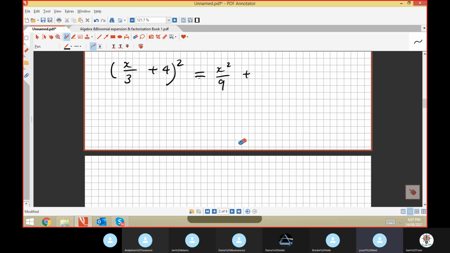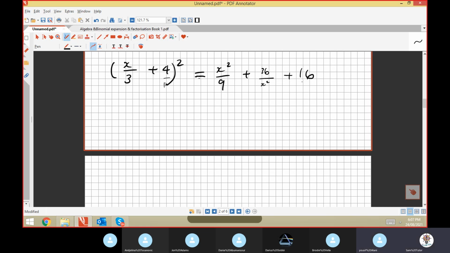Can you put a 1 over the 4 so then you can multiply them? 1 over the 4, or 4 over 1, you mean? 4 over 1 and then multiply them. So it will become 36 over x squared, and then plus 16.